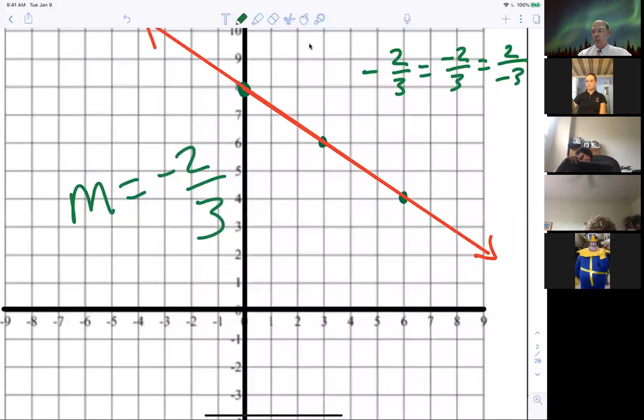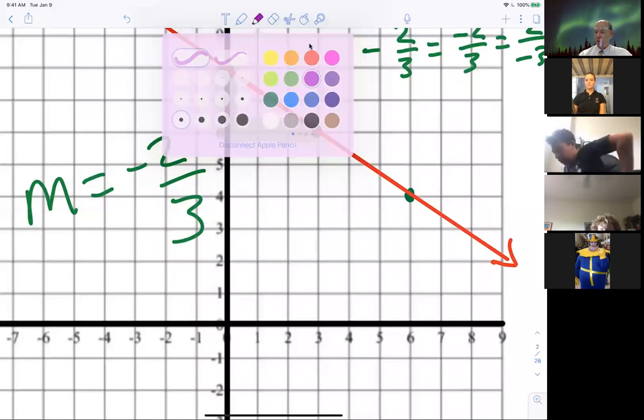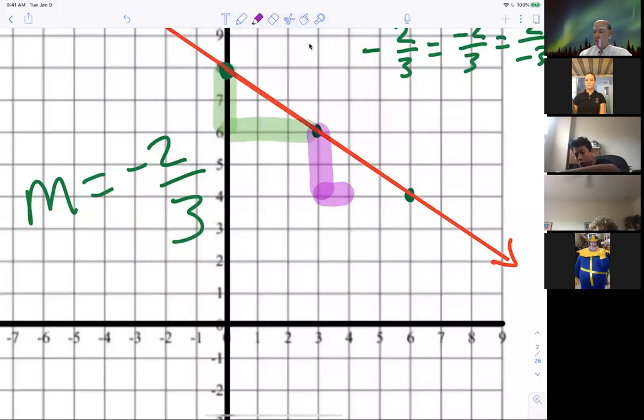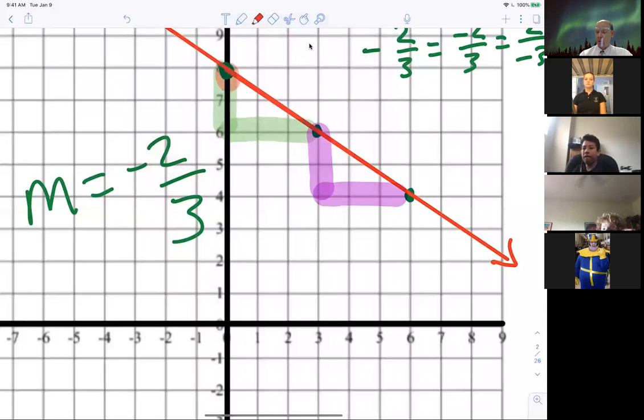Now, I also want to make this observation, guys. Look, if I use here to here, that's going to be 2/3. If I had chosen here to here, that's still going to be what? And if I was crazy and said, what if I go from here to here?